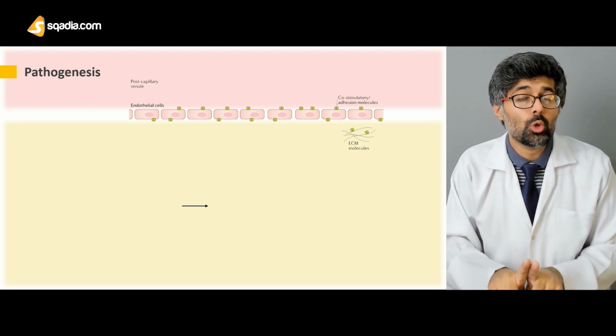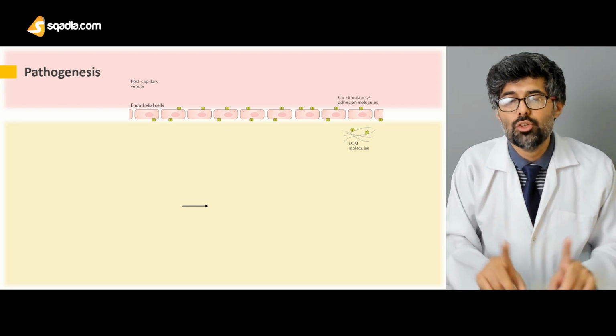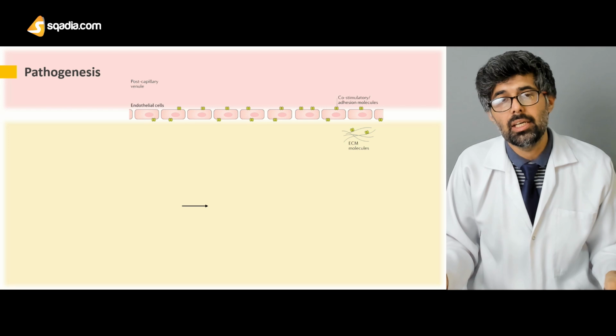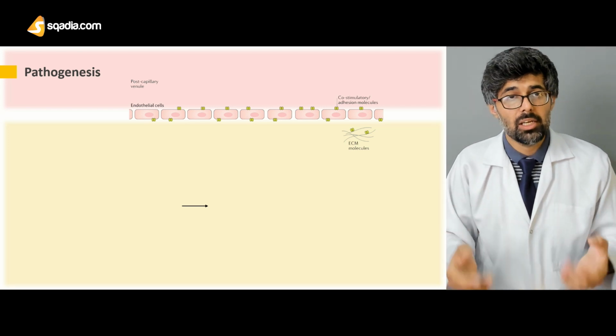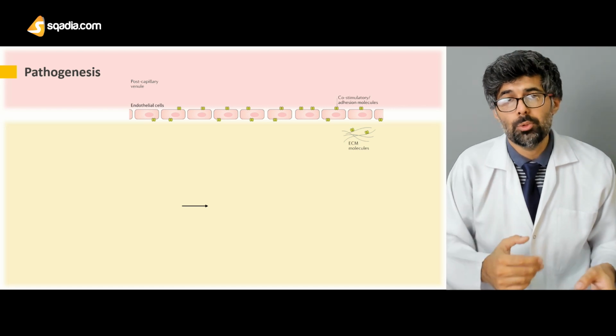So we do not know the exact event, but we do know that there is some kind of injury to the endothelial cell lining. The endothelial cell lining here can be the skin or can be mucocutaneous.